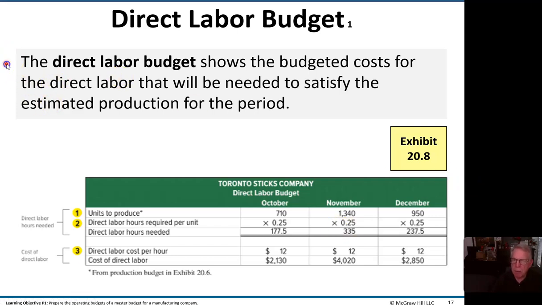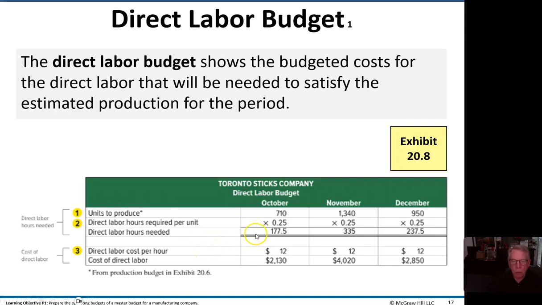The direct labor budget is going to show the budgeted cost for the direct labor that's going to be needed to satisfy the estimated production for the period. So here's our units to produce again, and it takes 15 minutes, or a quarter of an hour, per unit.